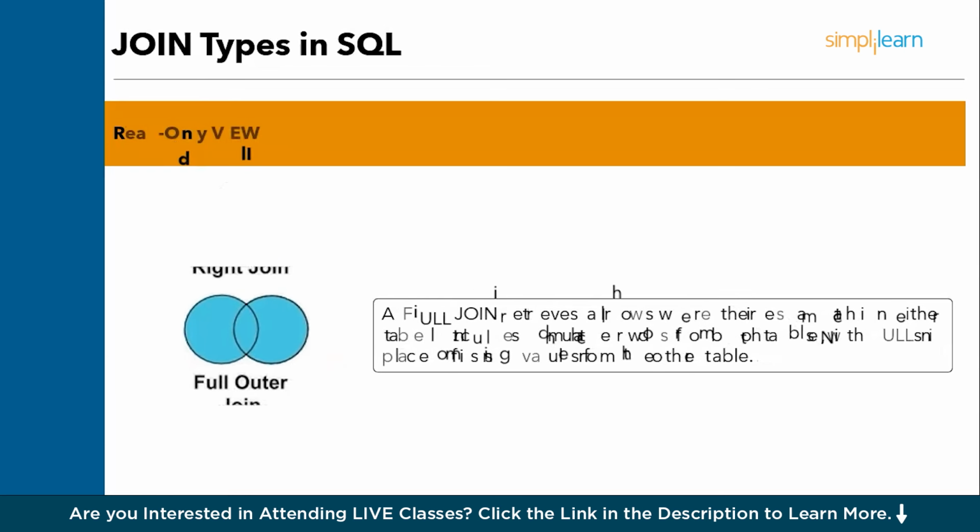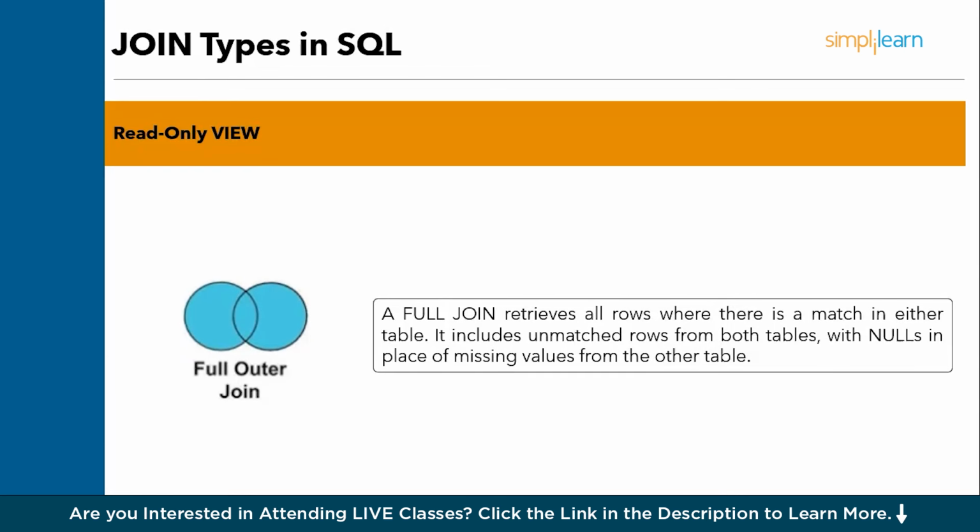Now, let's proceed with the full join or full outer join. This acts a bit differently, right? Whenever you want to club two different tables with all the entries, let's say the master data table has 10 columns, but for some reason, you choose to split those 10 columns amongst two different tables.